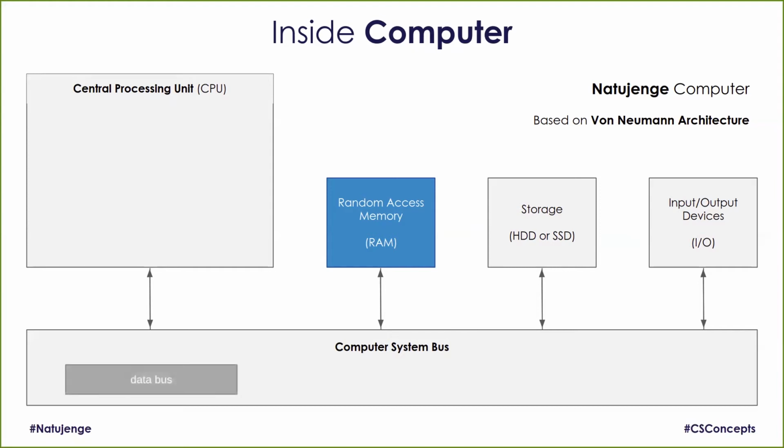In the bus, we have three types of buses, and the first one is the data bus. We also have the address bus and the control bus. For you to understand what each of them does, I'll use an example where the CPU wants to read data from memory. In memory, each location is given an address. So let's say we have data that is supposed to be loaded from memory location 27.